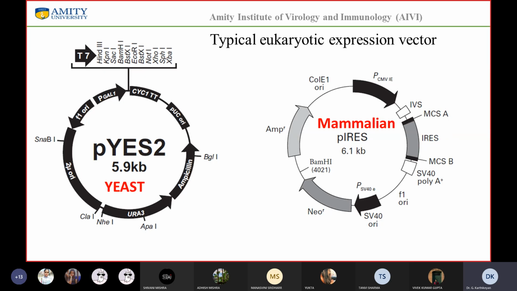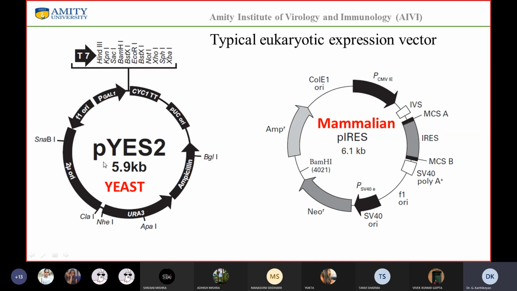Okay, I hope you remember your cyclin genes from your cell division classes, right? And then you have this pUC origin, which is essential for this plasmid to replicate in E. coli. So this is a typical example of a shuttle vector that can grow in E. coli, and that can also grow in yeast.